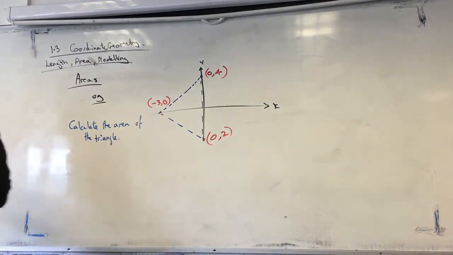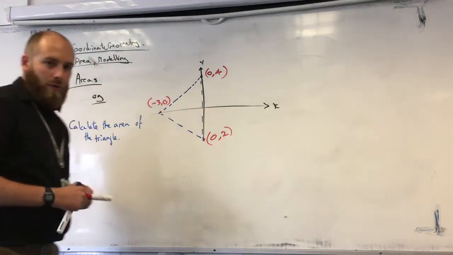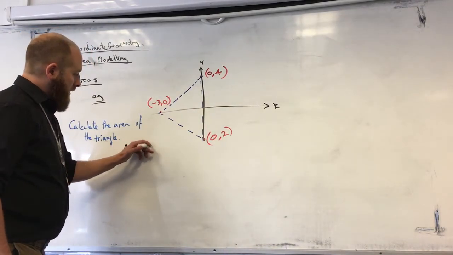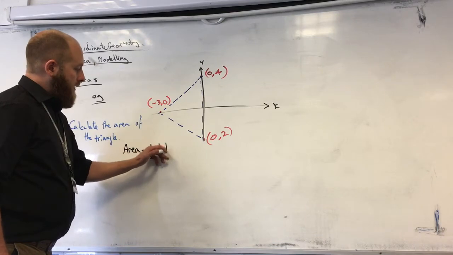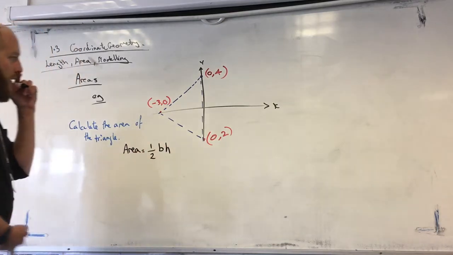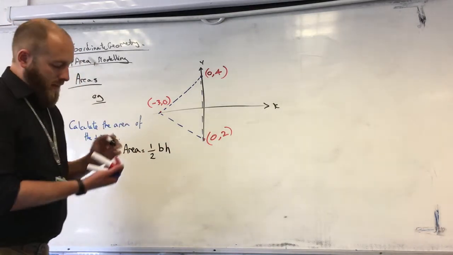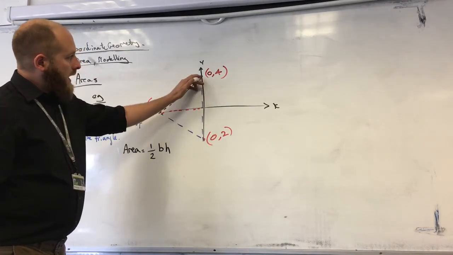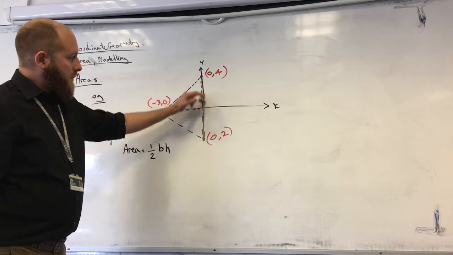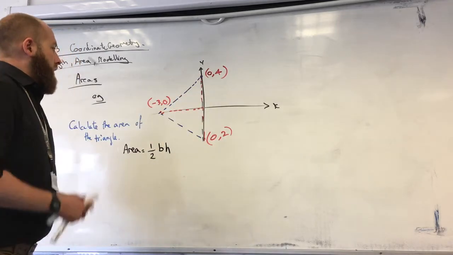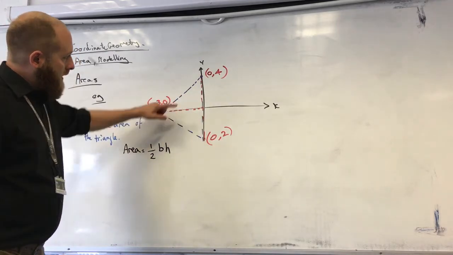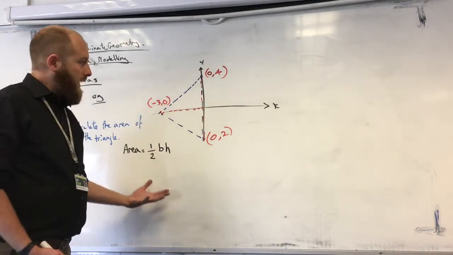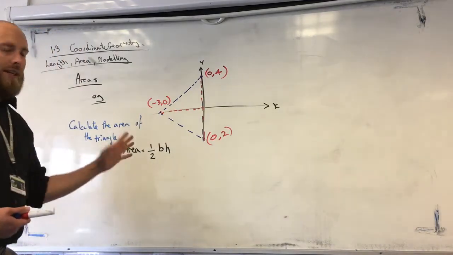So, area of a triangle then. You should remember from GCSE, area of a triangle is half base times height. Looking at this triangle, the height we can see is going to be that length, and the base is going to be that length there. If we can work out how long this line is, times it by how long this line is, and times it by half, we can work out the area of this triangle. This is quite an easy one.